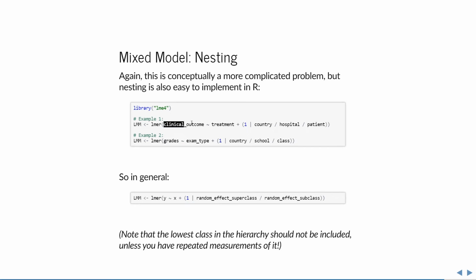Then we'd have some clinical outcome as a function of some treatment. And then we have this very large random effect, which says we have repeated measurements of patients nested in multiple hospitals, nested in multiple countries. So that's the notation. There's also another notation, but I think this one is the simplest one, so this is the one I use.